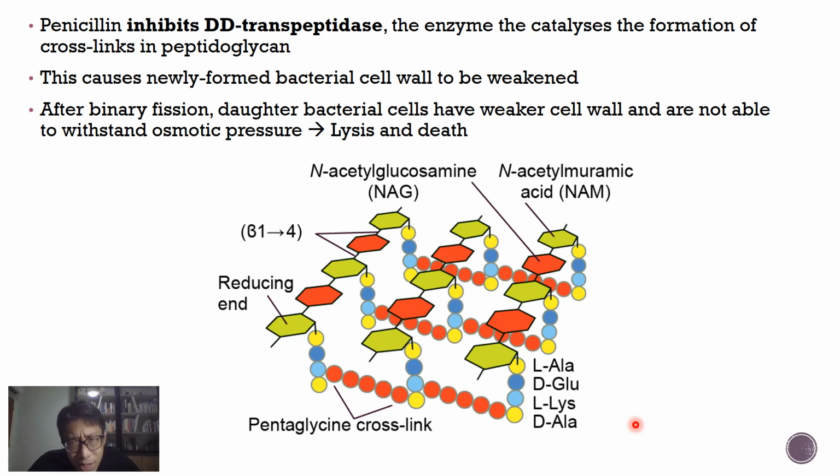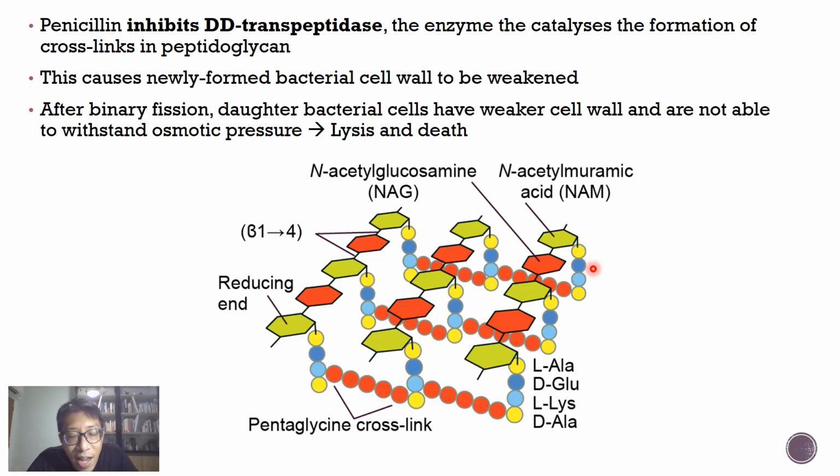The peptidoglycan cell wall is formed by a mixture of sugar and amino acids. The two molecules are called NAG and NAM, which really are sugars with attached amino acids. The sugars are the hexagons and the amino acids are the circles.